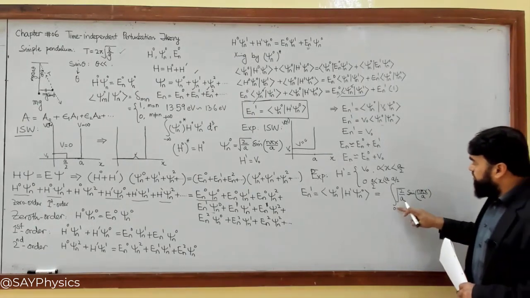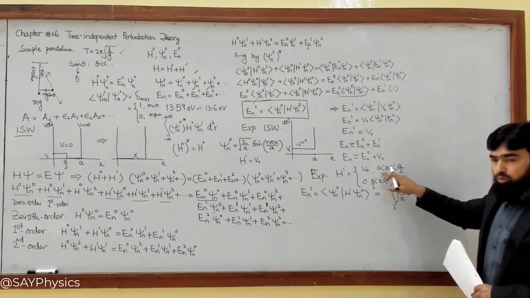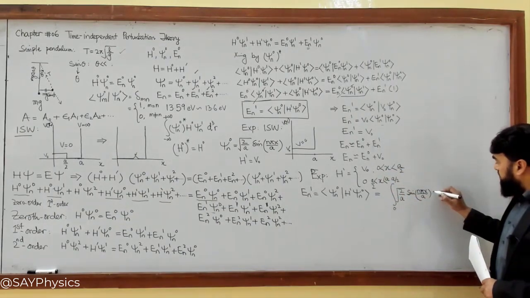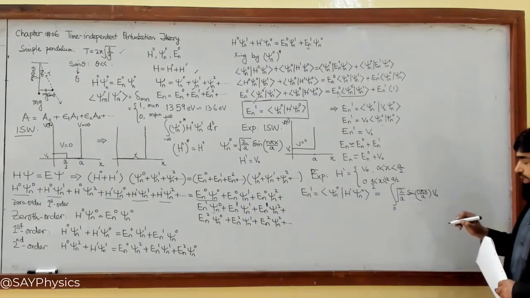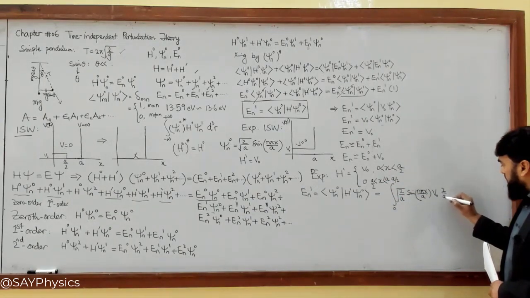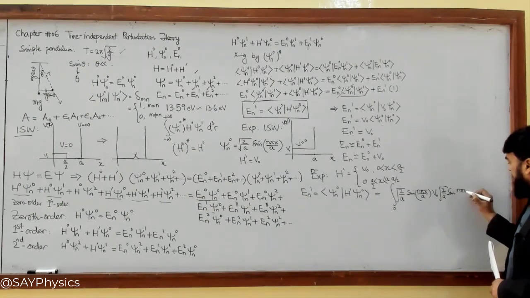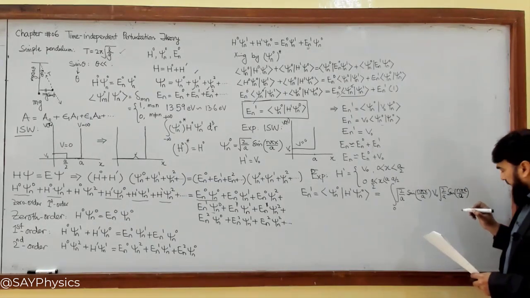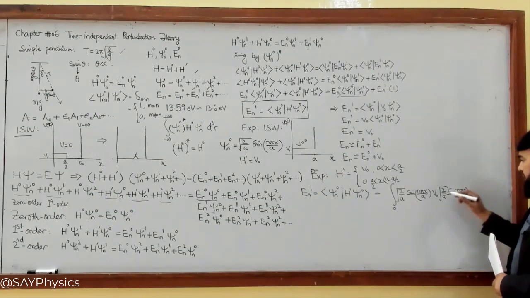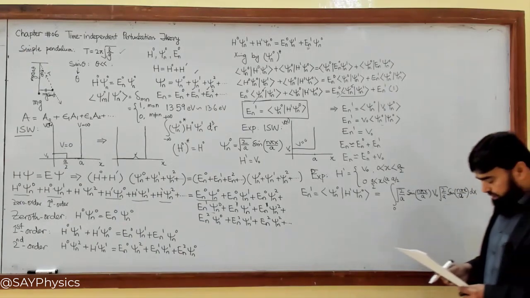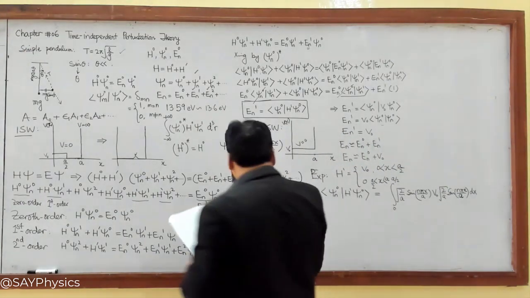And then from 0 to a over 2, our potential, our perturbation, is V naught. And then again 2 over a square root sine n pi x over a, sine n pi x over a, and then it will be dx, the integration on x.